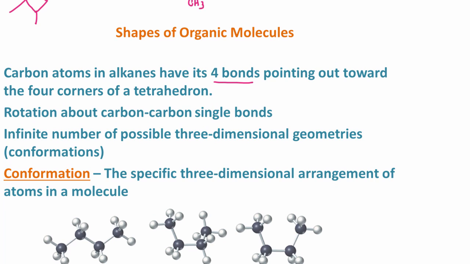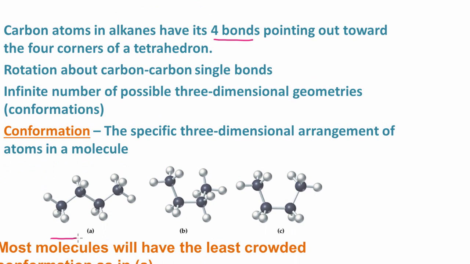So if you were to build a model like this, you can rotate it many different ways, because you're rotating about the carbon-carbon single bonds. You could rotate it to where this side comes up a little bit or a little bit more or a little bit less. But there's an infinite number of possible 3-dimensional geometries, and we call these conformations.